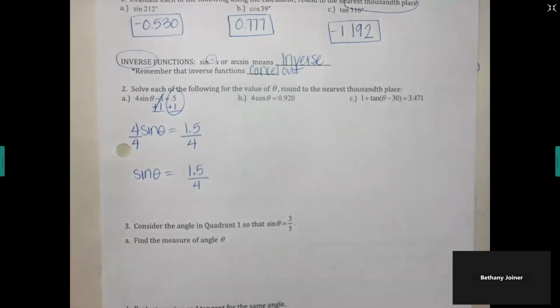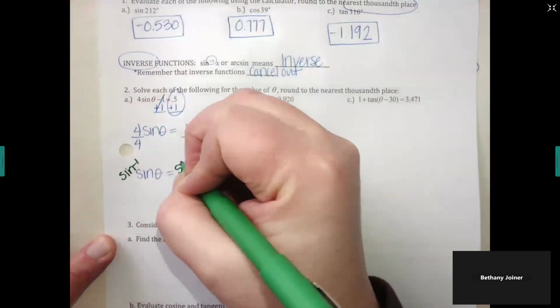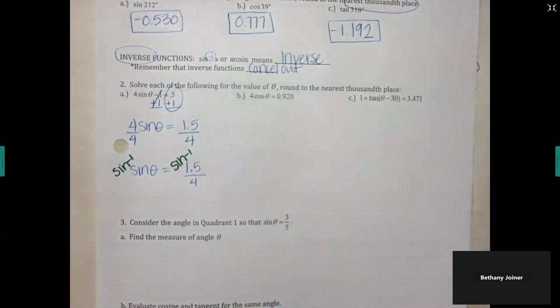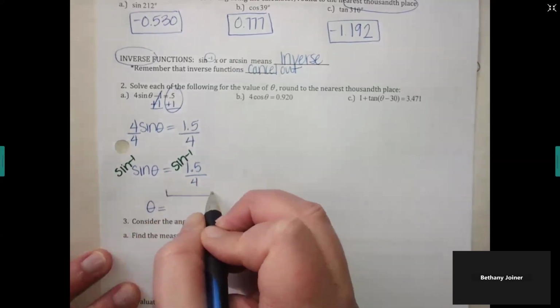To cancel out a sine, you're going to use an inverse sine, which is sine negative 1. Now remember, if you do it on one side, you have to also do it on the other side. But then remember, inverse sine and sine are going to cross each other out. So you'll just have theta equals, and then whatever this number is, we're going to put it into the calculator.